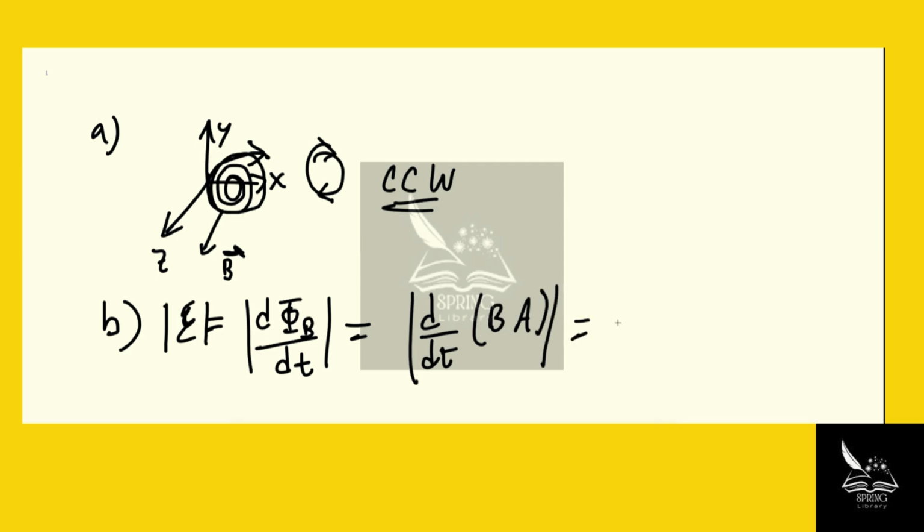You can pull out the area, which is pi r squared, times the rate of change of magnetic field, dB/dt, which we are given. And so, therefore, the current, by Ohm's law, current induced is EMF induced over resistance. And again, implicitly, we're going to assume that we're using the magnitude of the EMF induced.